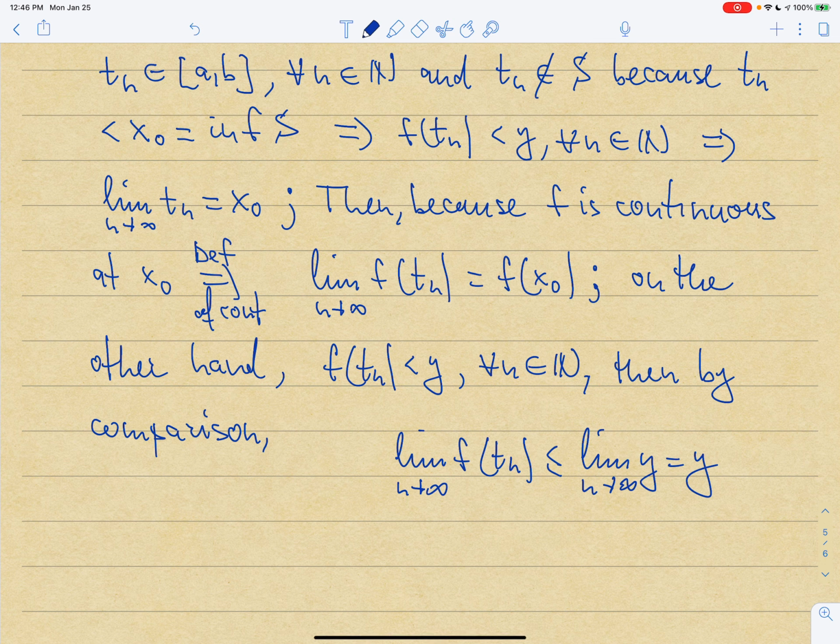Why is the limit less or equal, right? Because if I have a sequence of numbers which are strictly below 1, that sequence still can converge to 1.